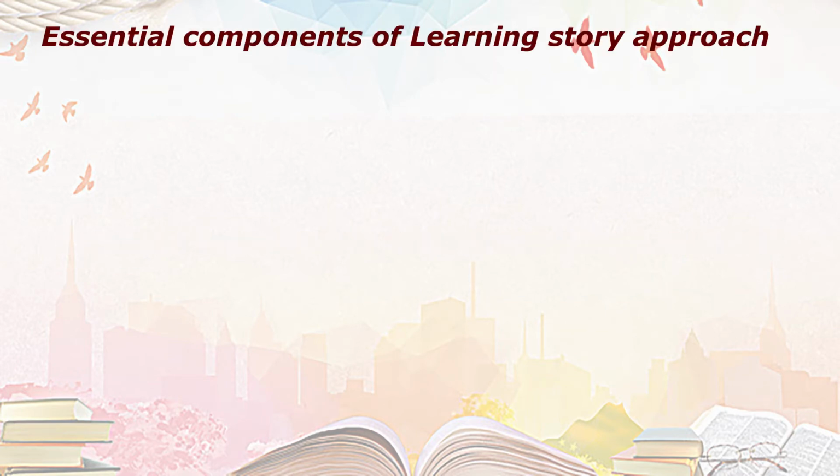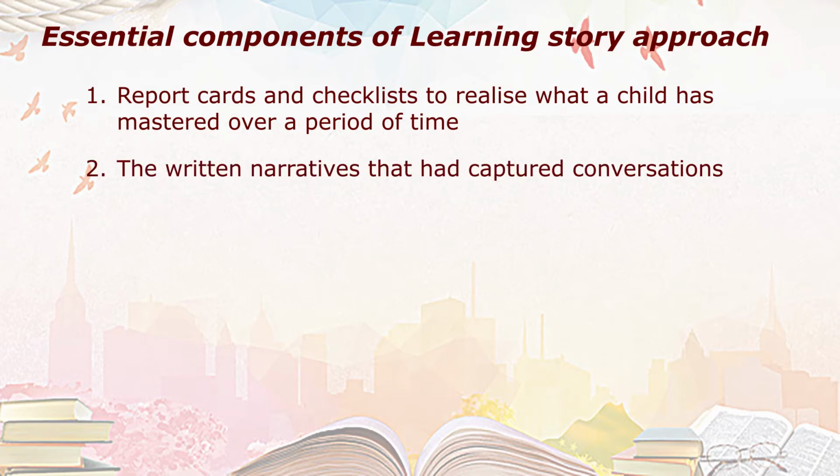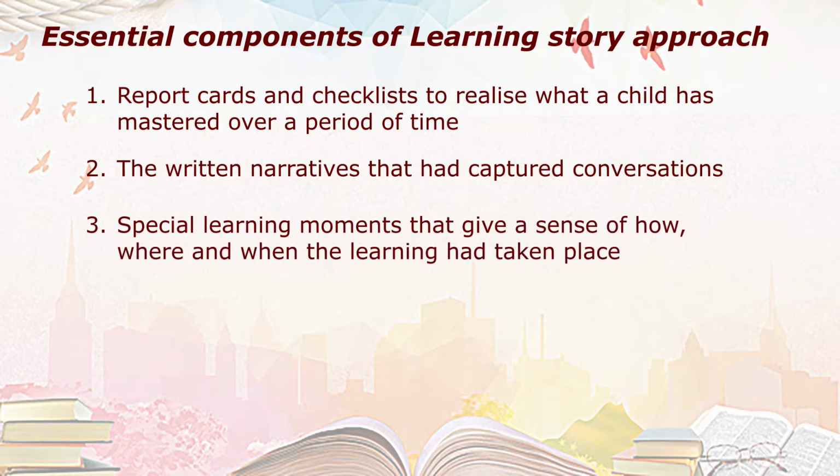The first essential component is the report cards and checklist to realize what a child has mastered over a period of time. The second most important element is the written narratives that capture the conversations. The third is special learning moments that give a sense of how, where, and when the learning has taken place.